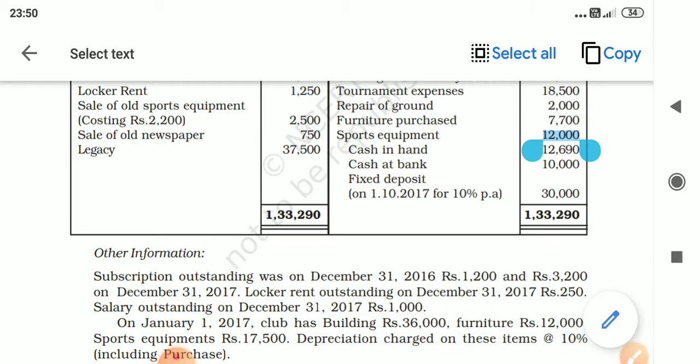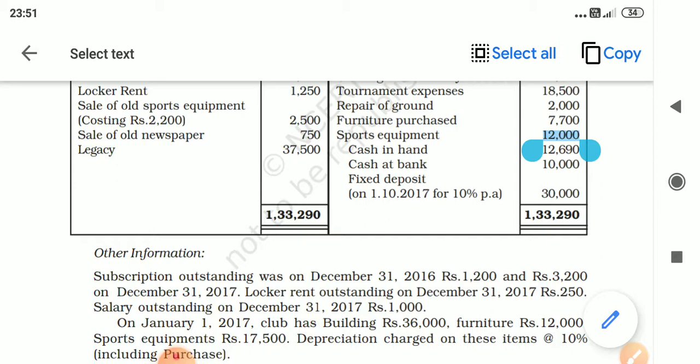Okay, so 27,300 is the closing balance before depreciation. On 27,300 we have to put 10% depreciation. It comes to 2,730. This 2,730 will appear on the expenditure side of the income and expenditure account, depreciation on sports equipment.